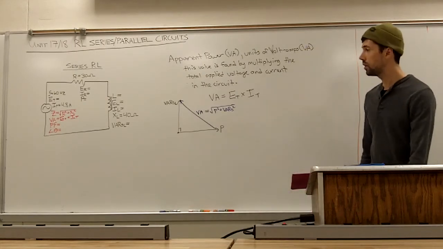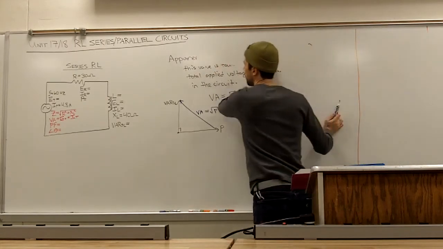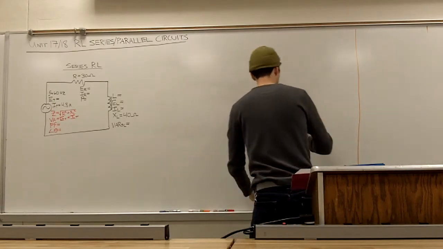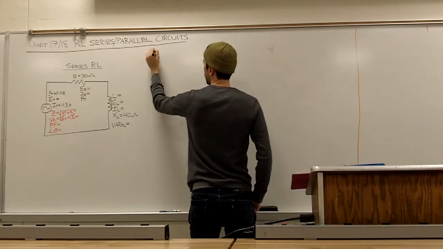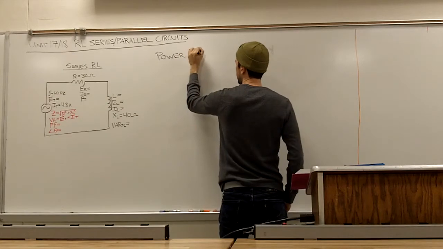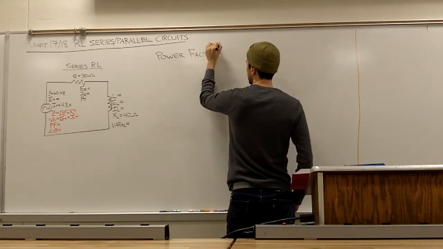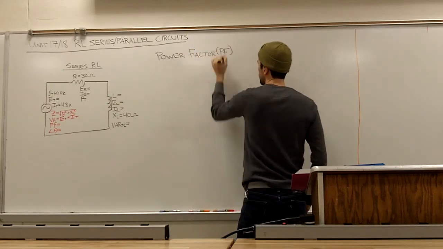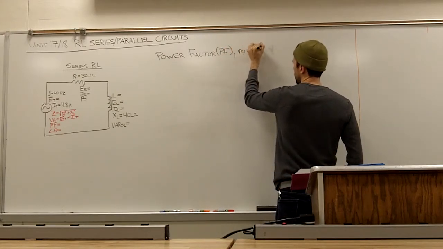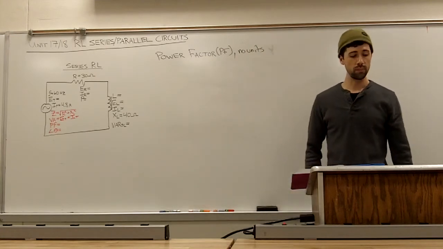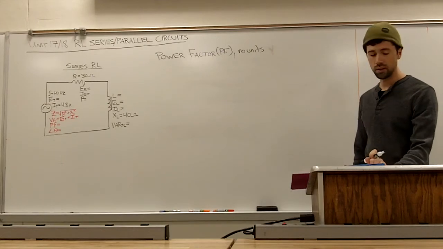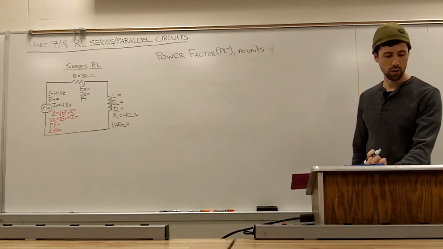The next circuit value is power factor. So power factor, symbolized by the letters PF, and thank God it has no units associated with it. That's because it is a ratio. We're essentially dividing two of the same type of thing. The units then cancel each other out, so power factor has no units.